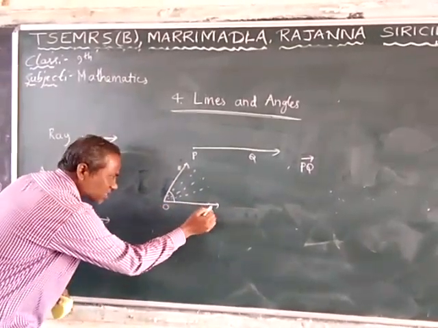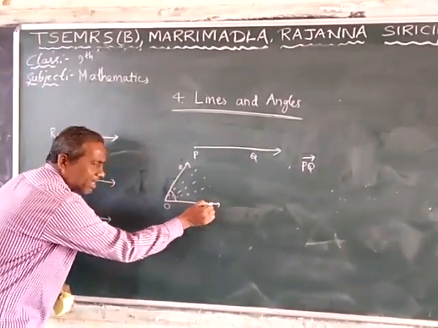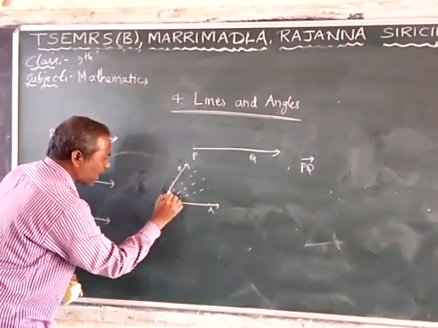The rotational distance between ray OA and ray OB is called an angle.